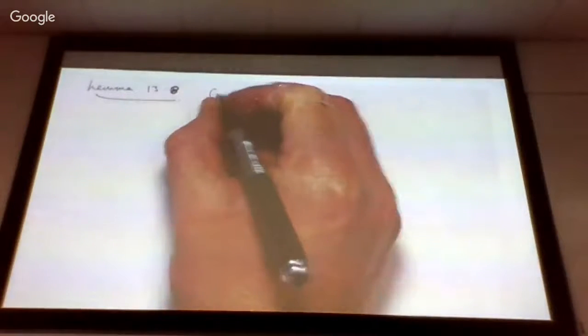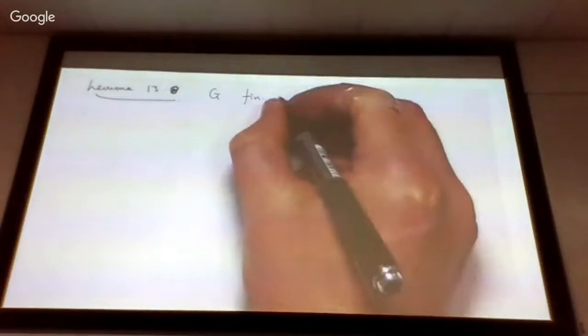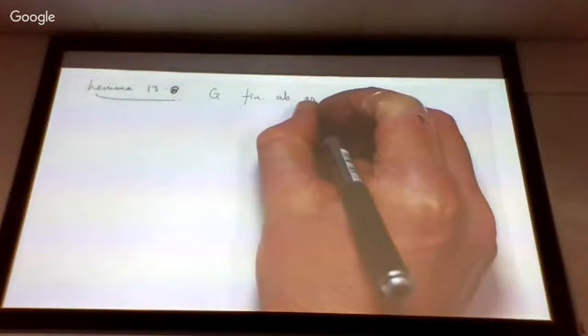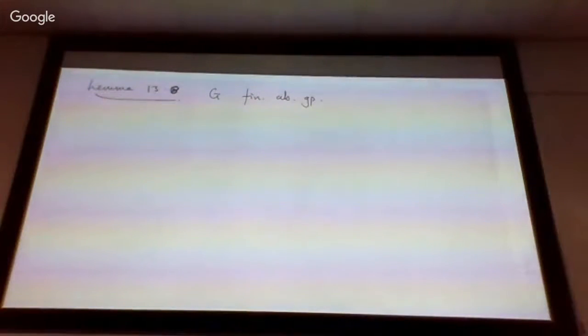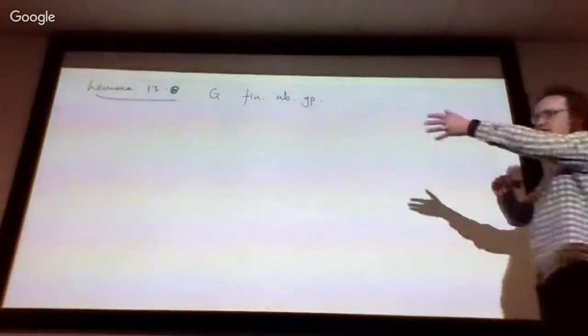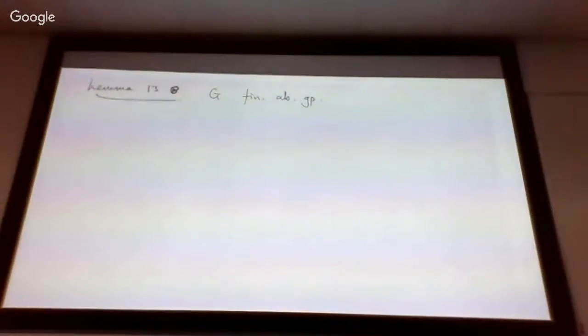Okay, so Lemma 13.8. Remember, we're on our way to proving the fundamental theorem of finite abelian groups, and 13.8 is a stepping stone towards that. The fundamental theorem says any finite abelian group is a direct product of cyclic groups of prime power order.